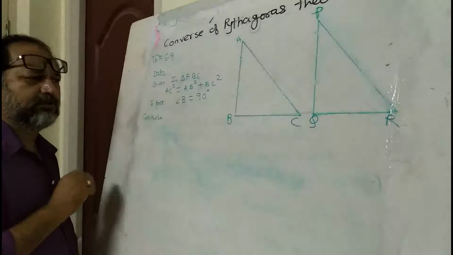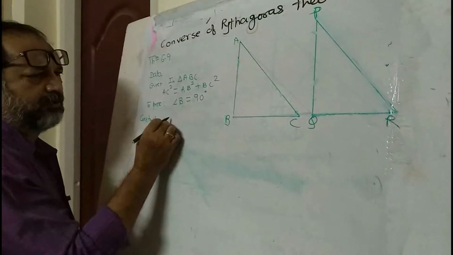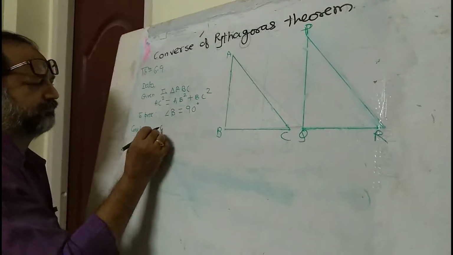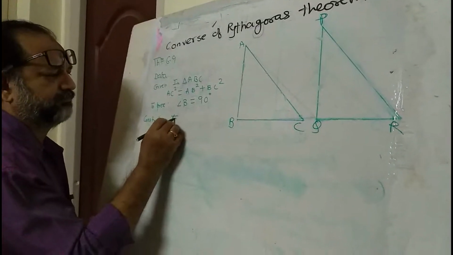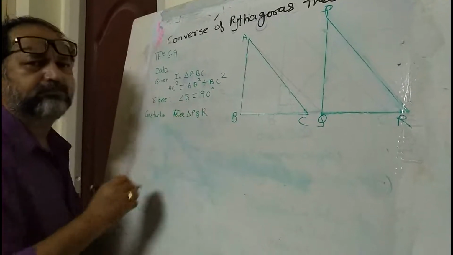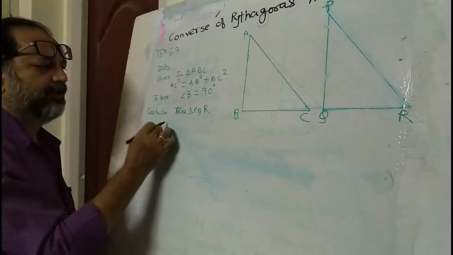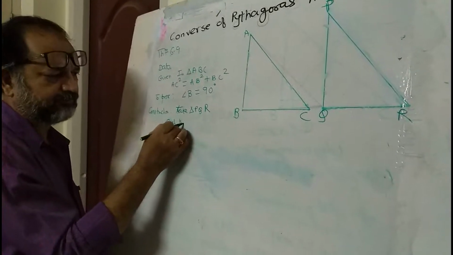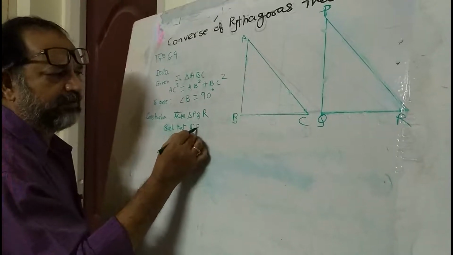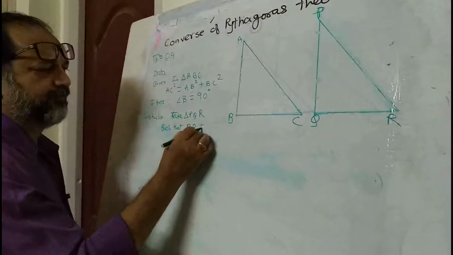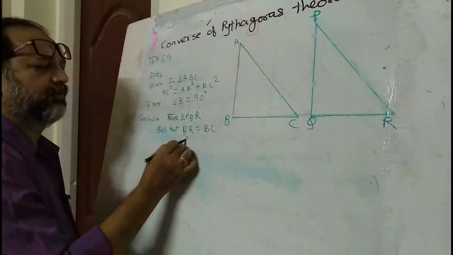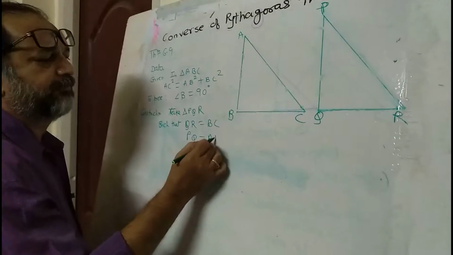So there will be a construction, and you may be given the construction also, and construction is like this. You are drawing another triangle PQR such that QR is equal to BC, PQ is equal to AB.